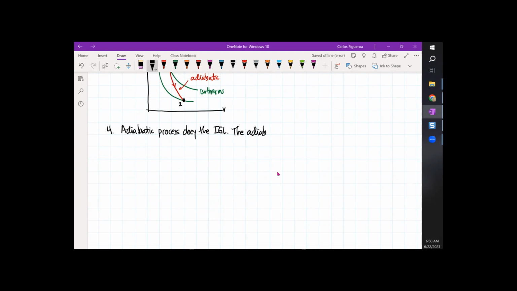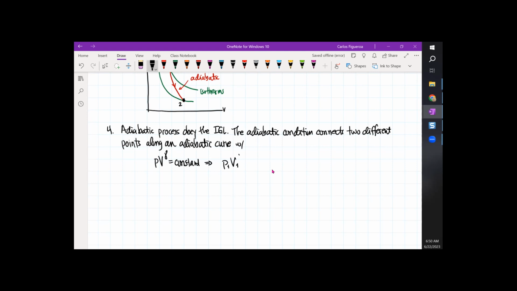The adiabatic gas condition connects two different points along an adiabatic curve with PV gamma equal to a constant, which really means that I have P1 V1 gamma and P2 V2 gamma.